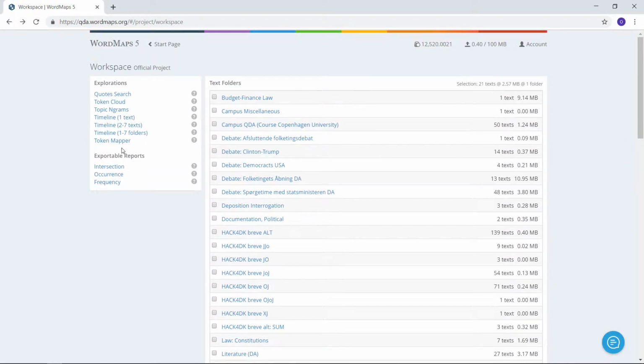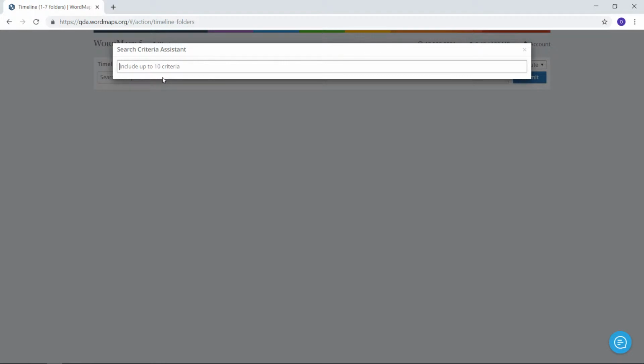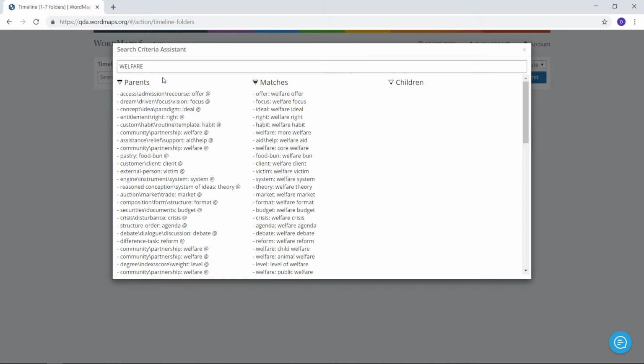So I'm going to select now a timeline analysis, and this one allows for input from several folders. I'm just using input from one folder, but we have to ask a question, and I will now ask the question, show me everything related to welfare.